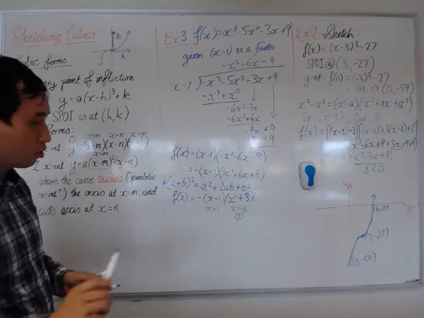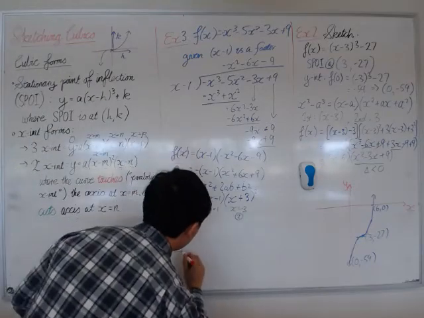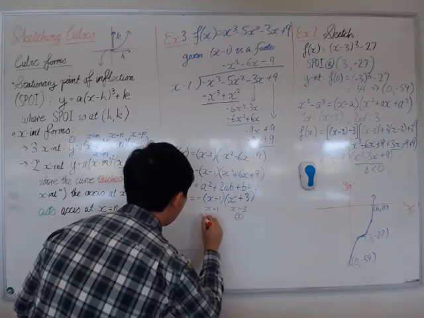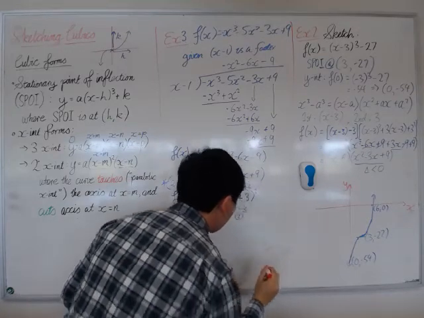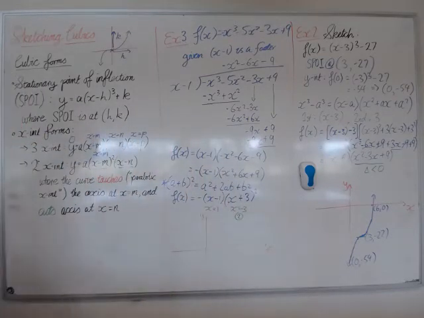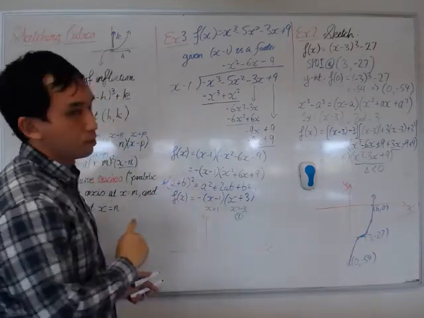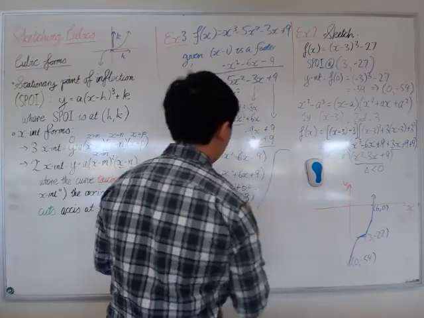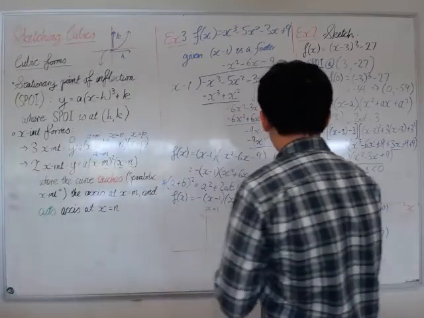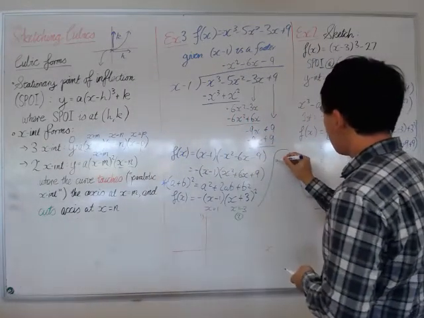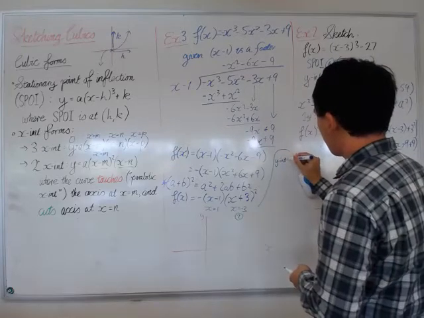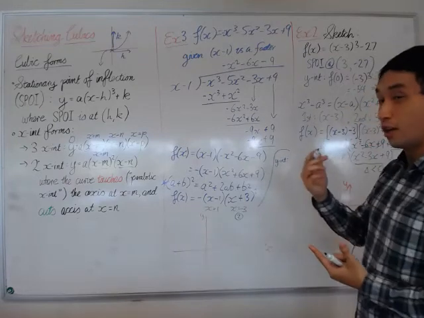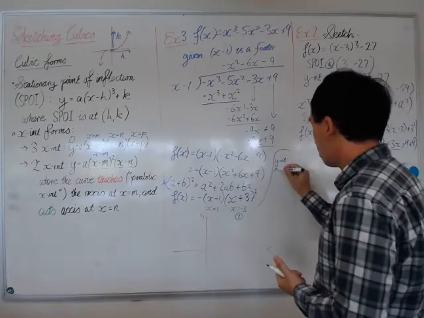And if I draw an axis, okay, so before we start sketching, let's find the y-intercept first. For your y-intercept, very simple stuff. You just let x equal 0 and find the function value.